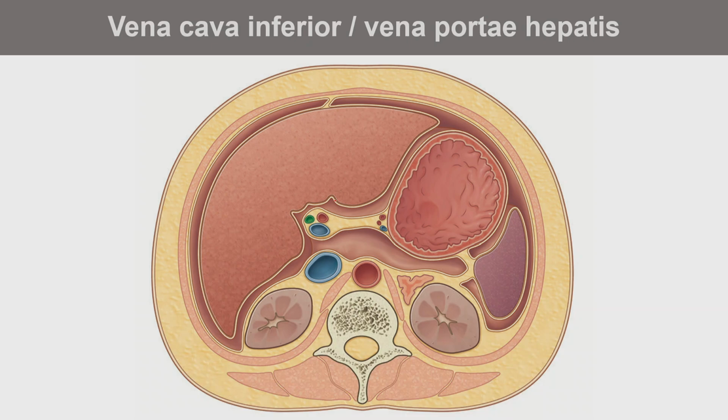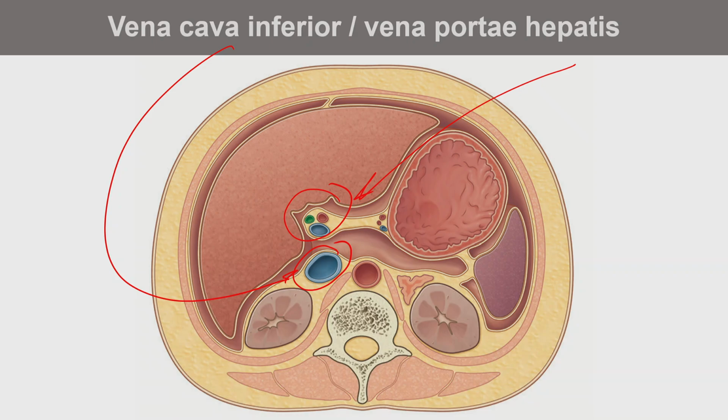And here we have one interesting schema showing the relationship between the caval system and portal system. The portal system is localized in the abdomen, on the transversal section in the hepatoduodenal ligament, and in the hepatoduodenal ligament you can see it with the proper hepatic artery and the bile duct.